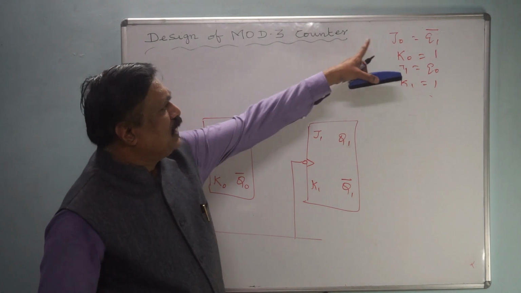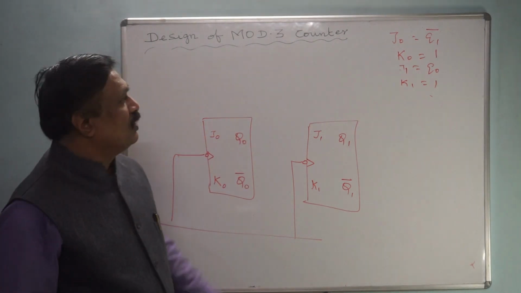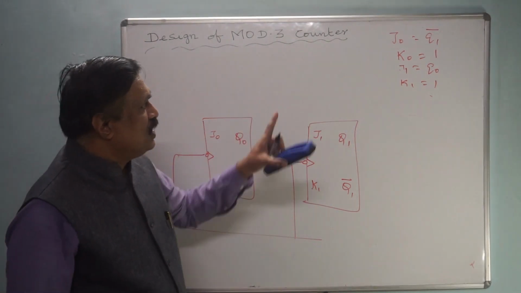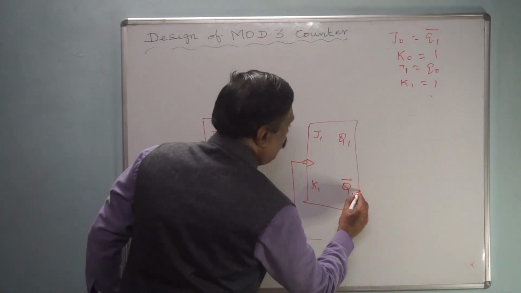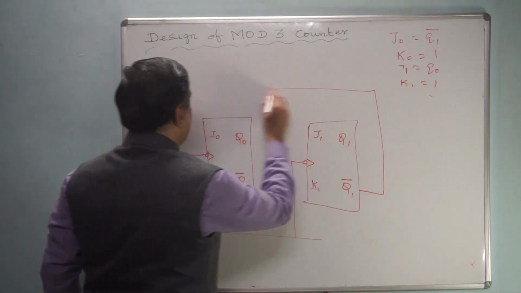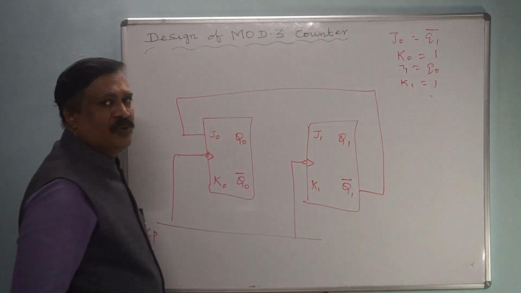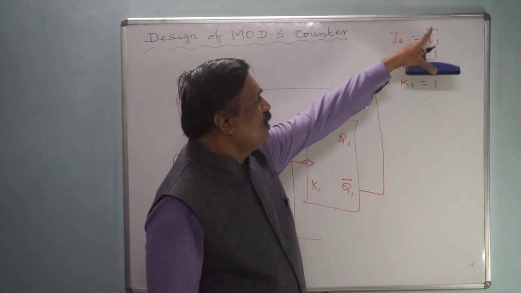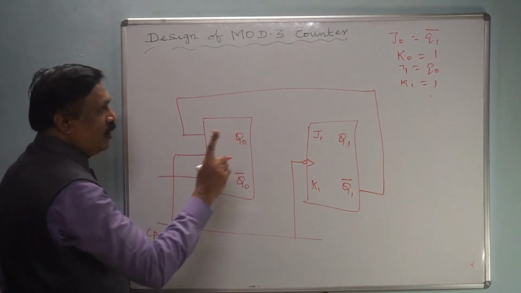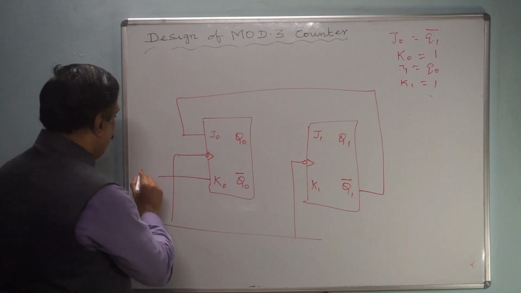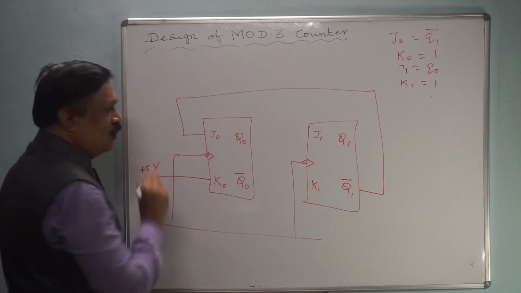Now you have to connect as per the equation. J0 is Q1 complement, you have to connect this to J0. J0 is Q1 complement and K0 is 1, therefore this is 1. 1 means positive 5 volt, therefore plus 5 volt.